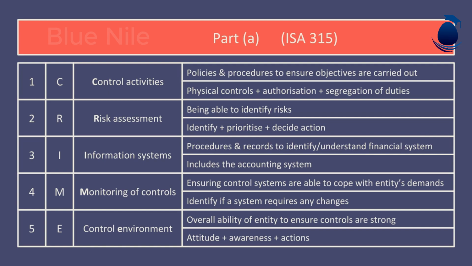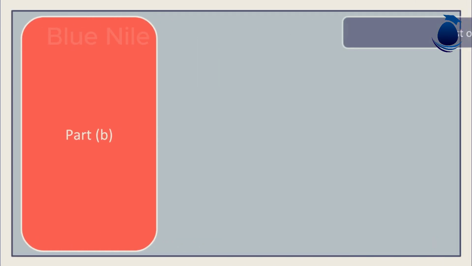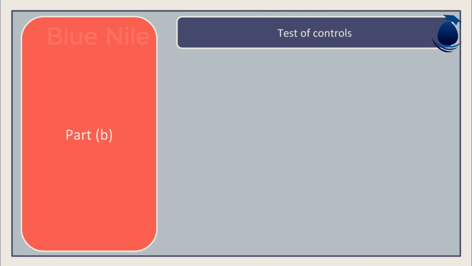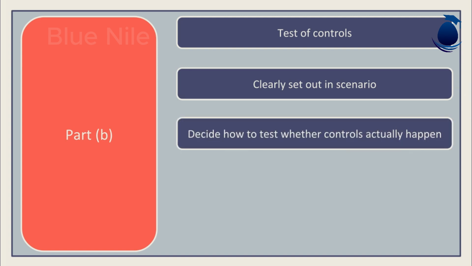Part B requires us to describe tests of control for each of the controls listed for non-current assets in the scenario. They have been clearly set out in the scenario. The aim is to read through it and decide how the auditor would be able to test whether these controls actually happen and are effective.